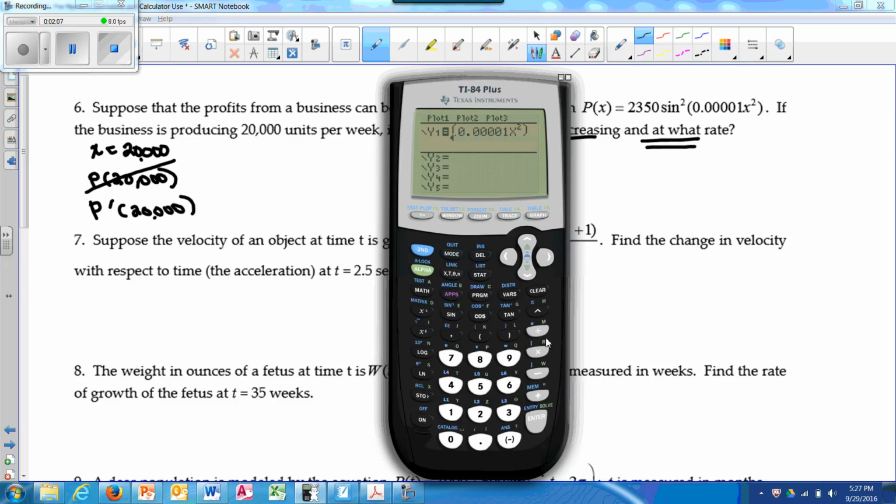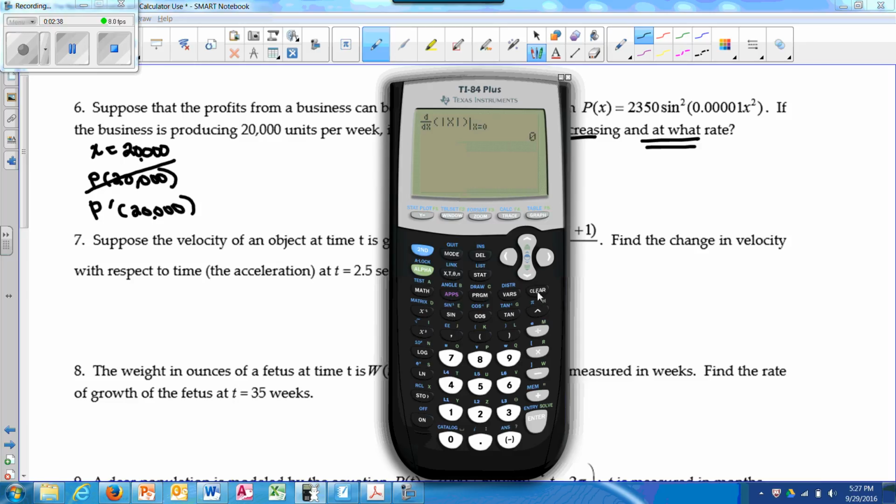That was 4 zeros after the decimal, 1 x squared. And then I square outside of that to square the sine function. So I'm not squaring the inside, I'm squaring outside after the sine function closes. So I have to open and close the sine function, and once the sine function is closed, I then square.